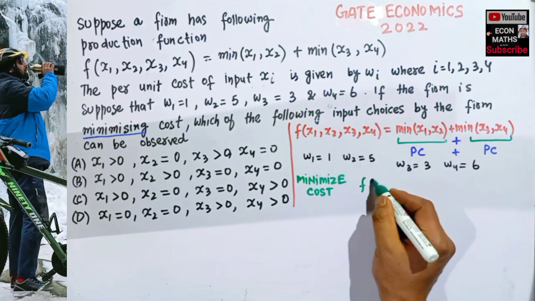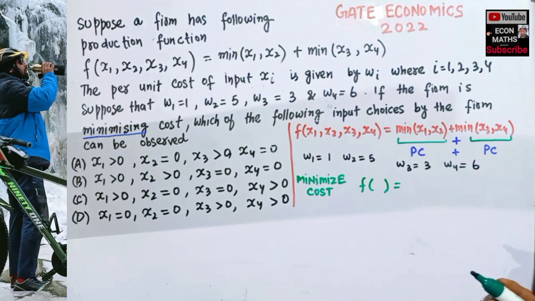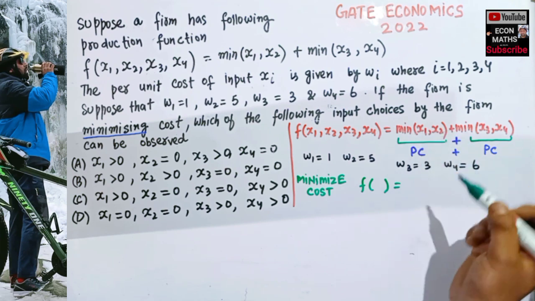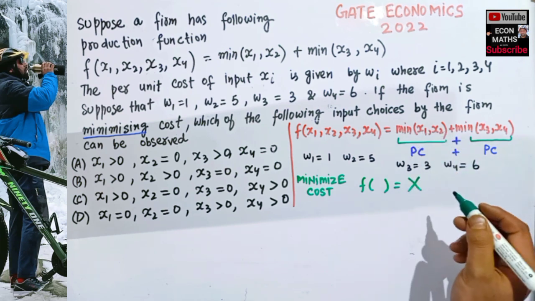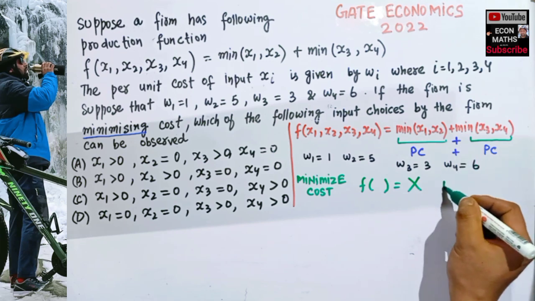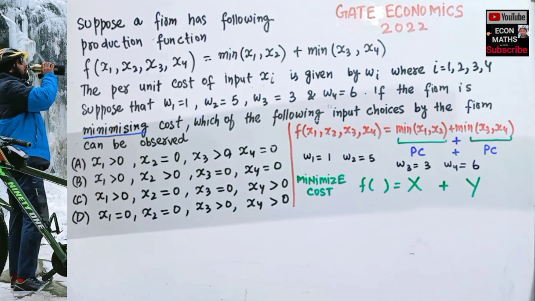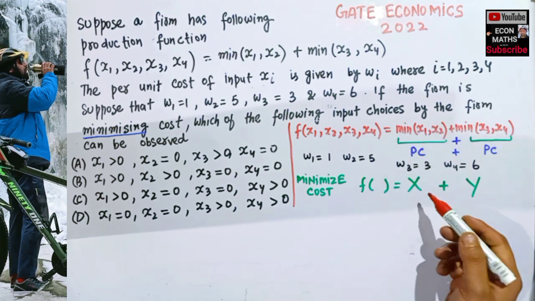Let us denote the minimum of x1 x2 by capital X, and then plus, let us denote the minimum of x3 x4 by capital Y. Now this production function reduces to a perfect substitute production function.